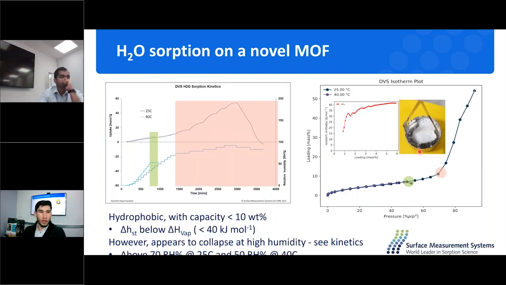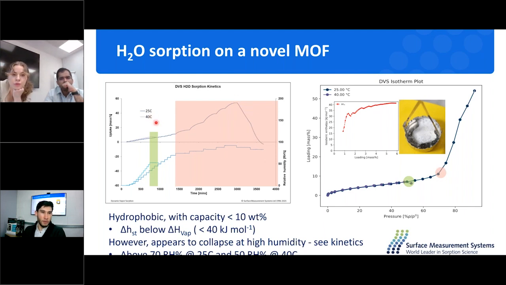We then wanted to also look at water sorption, and we tested it at 2 temperatures. We see here two isotherms and the associated kinetics. We tested water sorption at 25 C and at 40 C. What we saw in the 25 C experiment was a large uptake commencing around 70% RH, and then a subsequent loss in mass.